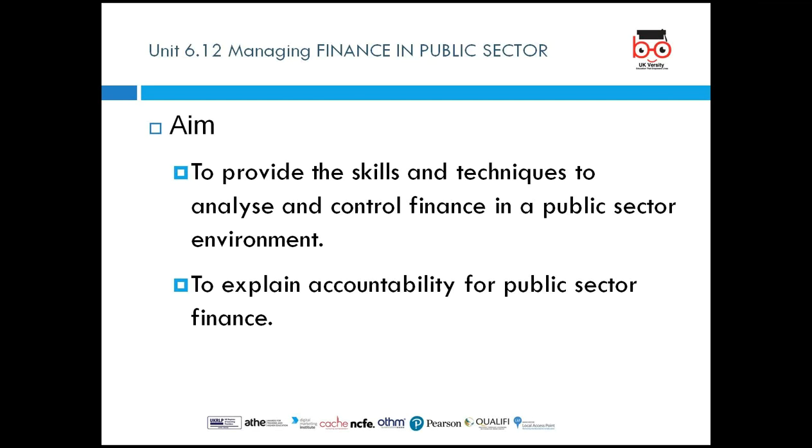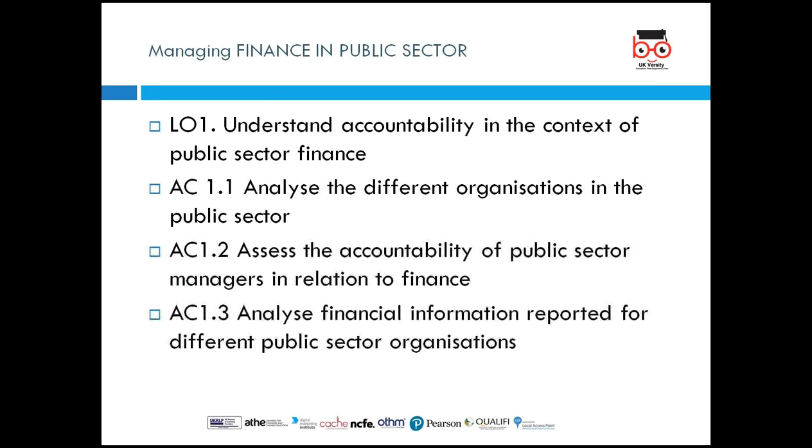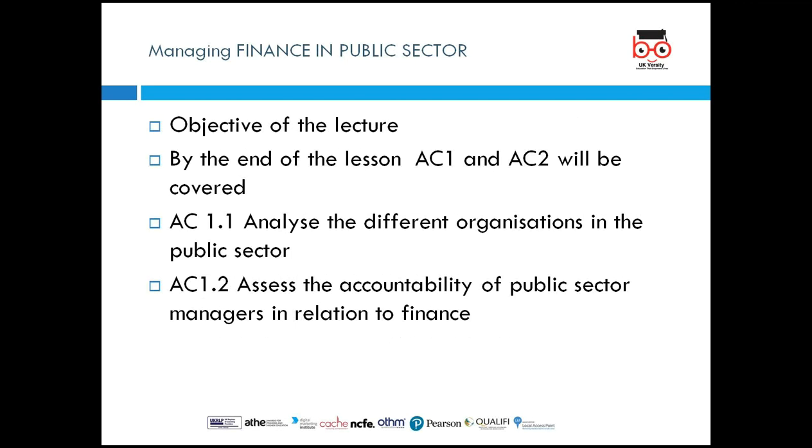So the whole task, the unit, is to provide skills and techniques to analyze and control finance in the public sector and to explain accountability for public sector. And then we said that for the whole unit, the whole learning outcome 1, we have 3 assessment criteria to achieve.